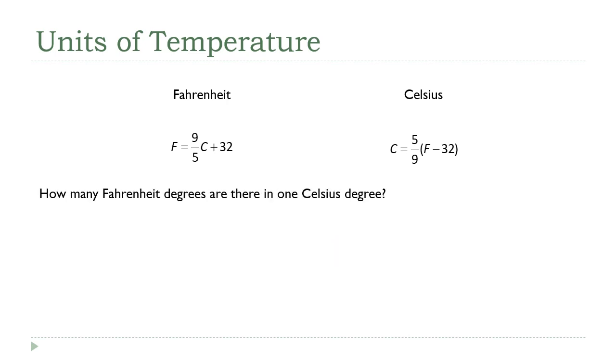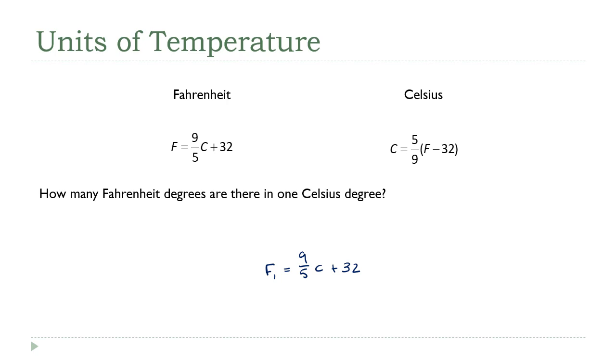So what I want to know here is how many Fahrenheit degrees are there in 1 Celsius degree? In other words, if the temperature goes up 1 degree Celsius, how many degrees Fahrenheit would it go up? Here's how I'm going to approach this. I'm going to start by saying that F1 equals 9/5 C plus 32.